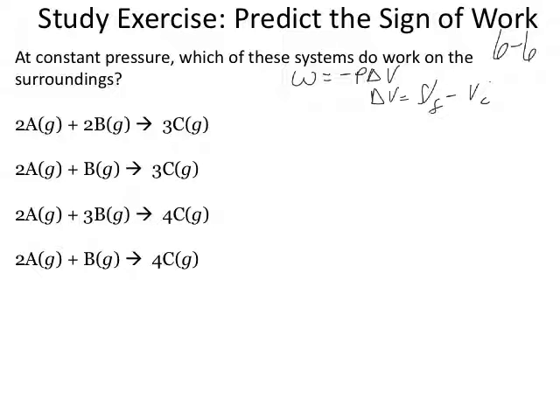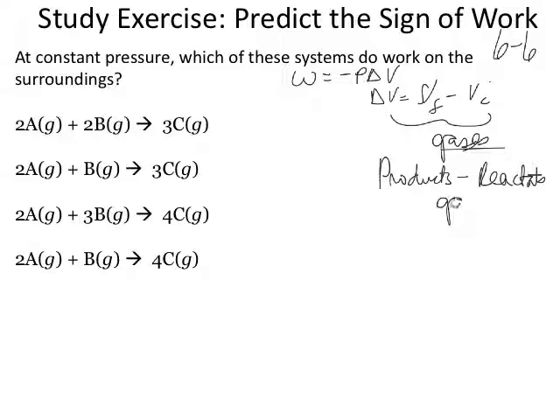And so what expands? Solids don't expand. Aqueous solutions don't really expand. We're talking about gases. So when you have a chemical reaction, you've got to look at your products minus your reactants, and you need to talk about your gas moles.